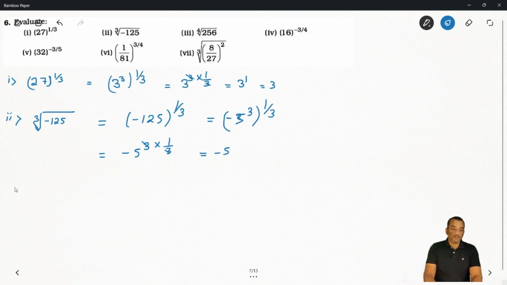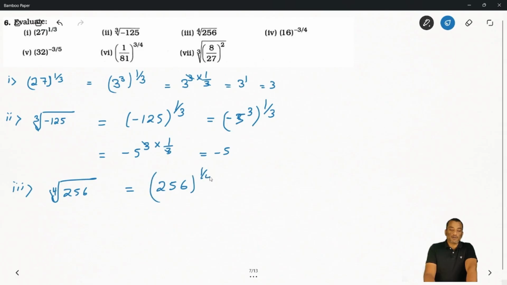Now same way you can solve the third one. It is saying the fourth root of 256. If you want, you can solve it: 256 whole to the power 1 by 4.